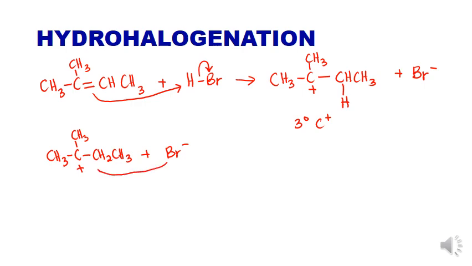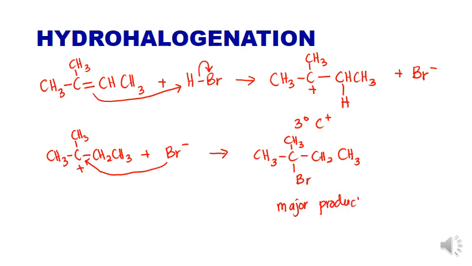So Br minus attacks the C plus and forms the haloalkane. This product is called the major product, which has been determined by following the Markovnikov rule.